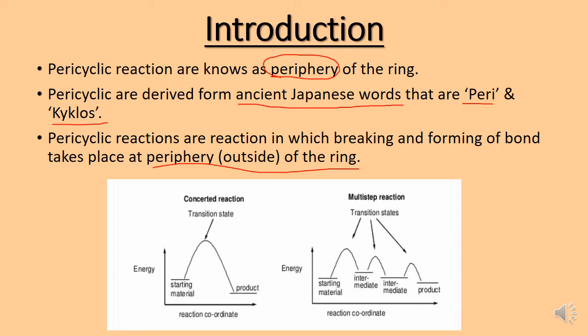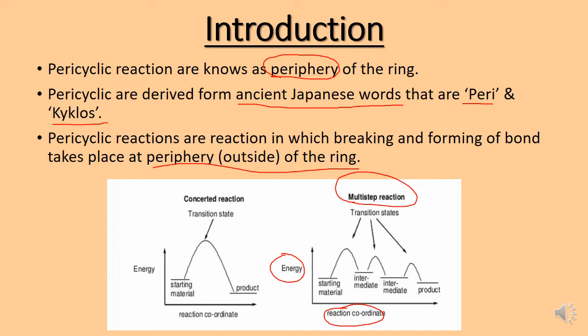Here I am taking two graphs. One is a multi-step reaction and another one is a concerted reaction. In the multi-step reaction, as you can see, there is a graph between energy versus reaction coordinate. Many transition states are possible, and also intermediates.